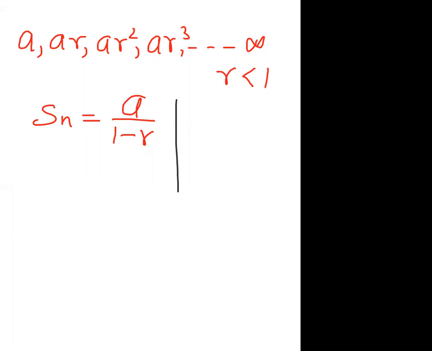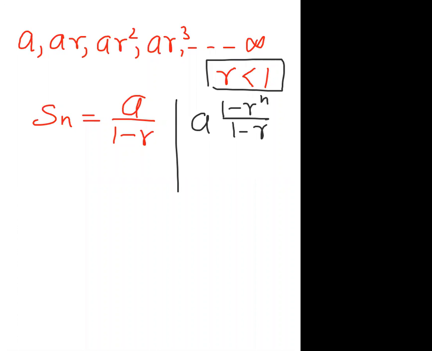We know that Sn is a(1 minus r to power n) upon 1 minus r. This is the formula, and r to power n, r is less than 1. So something to power n will be very, very small.